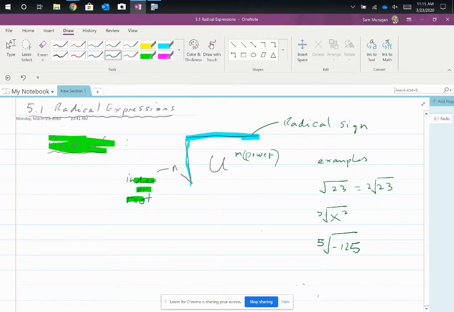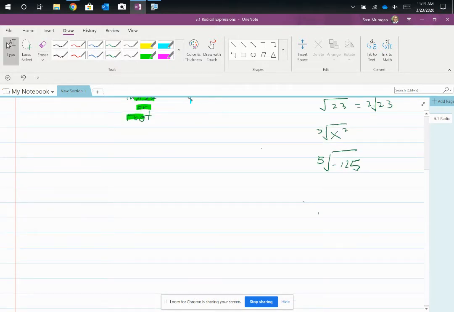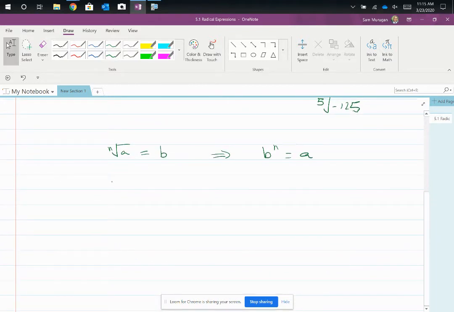Now, the way this works is that one simple rule: the nth root of a is equal to b means that b to the power n is equal to a. In other words, the square root of 36 is equal to 6 means that 6 squared is equal to 36.